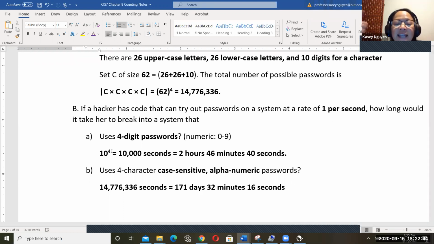And if it's a second per password, that will be 10,000 seconds, which comes out to be 2 hours, 46 minutes, and 40 seconds.